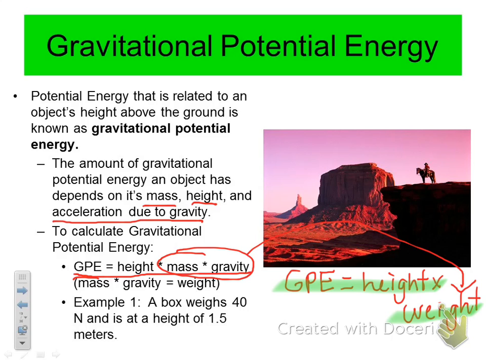All right, so all we're going to do to find the gravitational potential energy is multiply 40 times 1.5. 40 times 1.5 is what, Jalen?